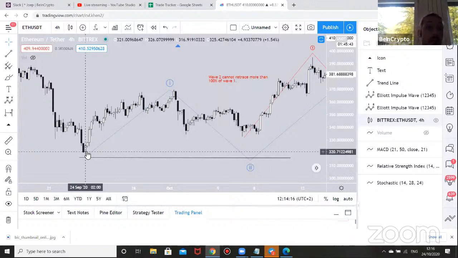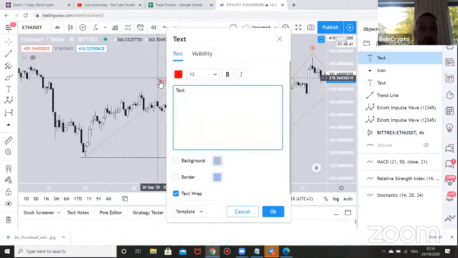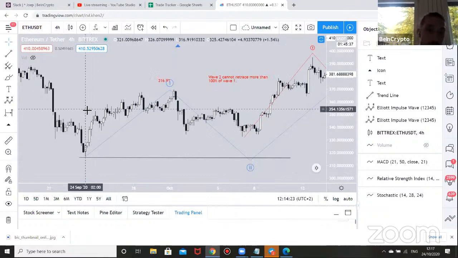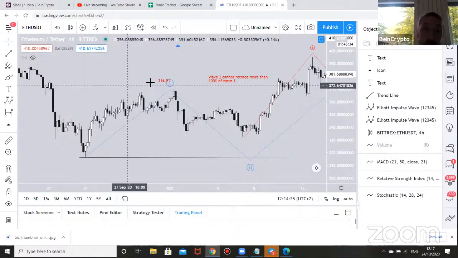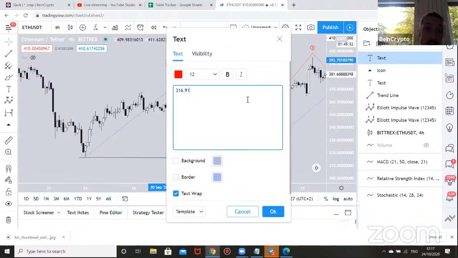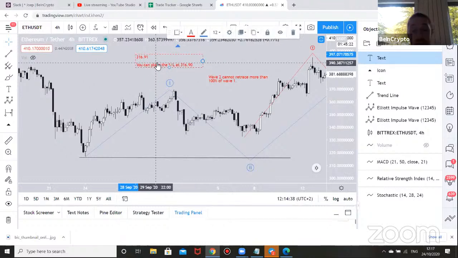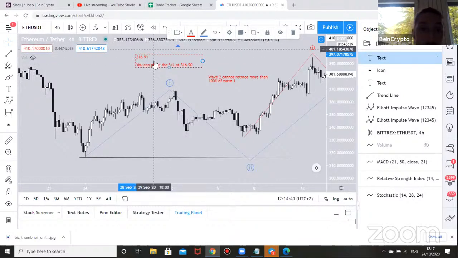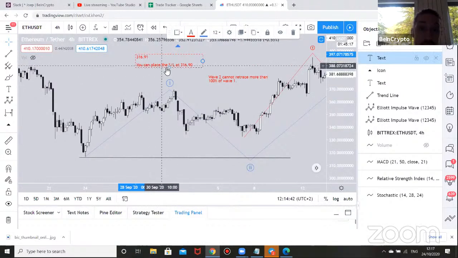So in this case, the lowest value was 316.91. Yeah, that's it. It doesn't matter if it's only a tick below that actual value, it's still valid. Stop losses can be placed literally 1 tick below the wave 1 low.